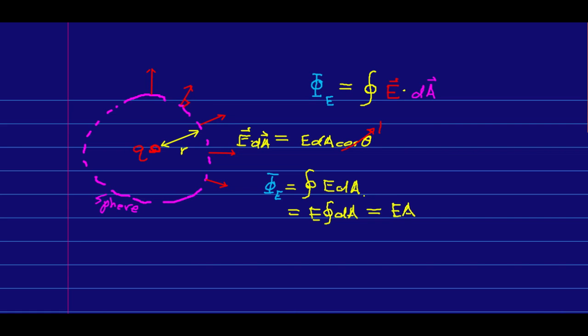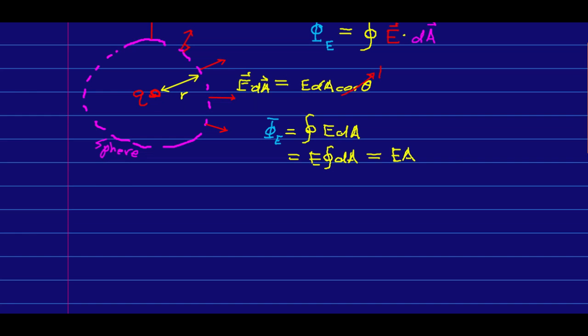And now we're pretty much done, because we know what the field is due to a point charge. That field is kq over r squared. And this area is just the area of a sphere, so it's 4 pi r squared.